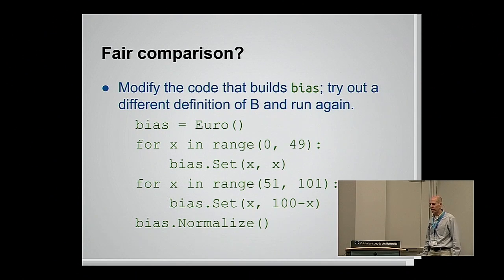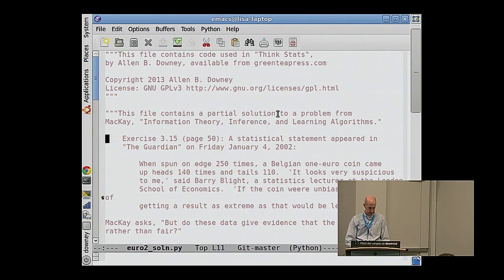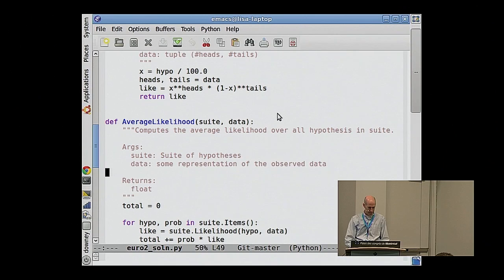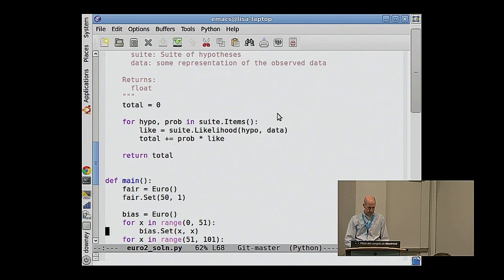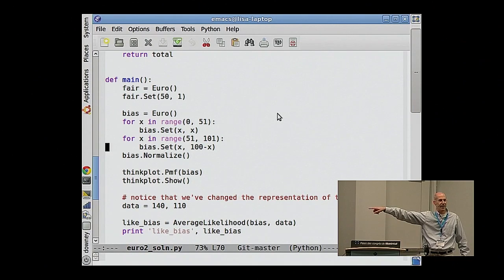I'll give you a couple minutes to work on that. And euro2 solution.py has my version in it. This is the triangle prior.